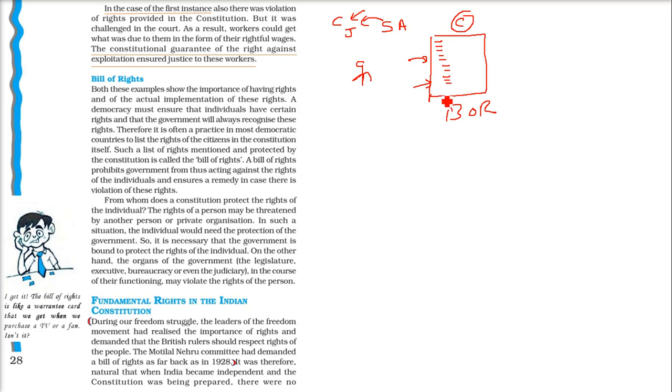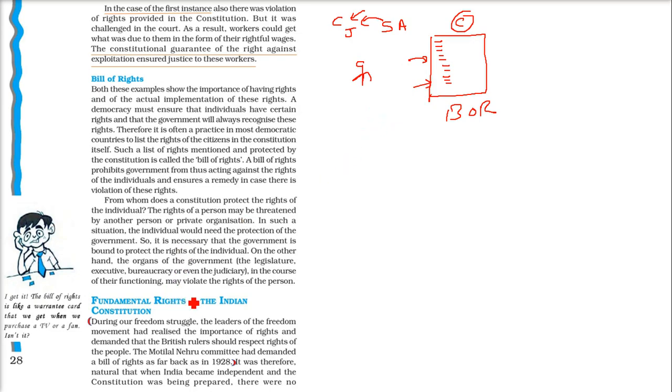The constitution has given a remedy that these rights cannot be violated, right? That is the crux of the story: no organ of the government, nor any individual, can try to violate them. They cannot violate it. That is how any violation is prohibited, and the law is always there.